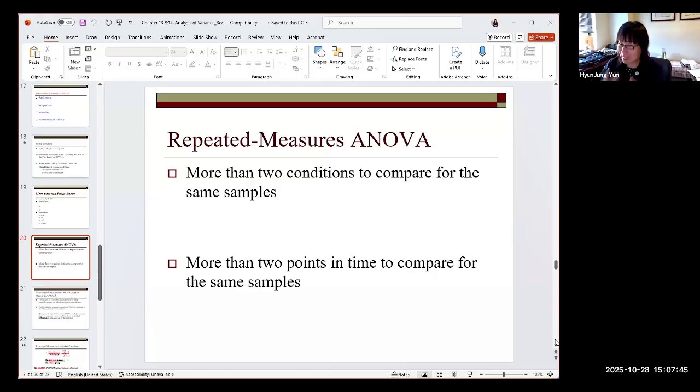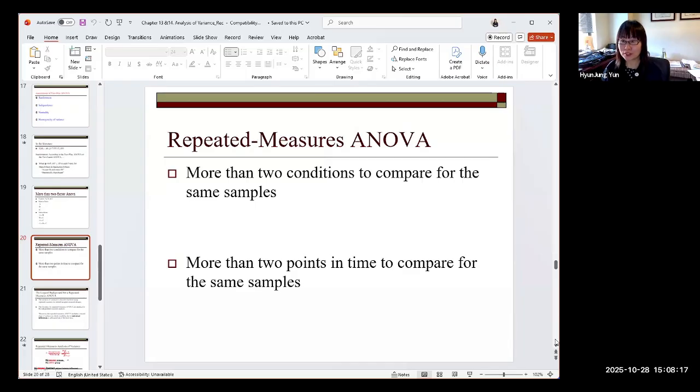But if you test the same group at time one, time two, and time three, then it is repeated measures ANOVA, because it's the same people across different timelines and conditions, a different stimuli effect. That's a repeated measures ANOVA.